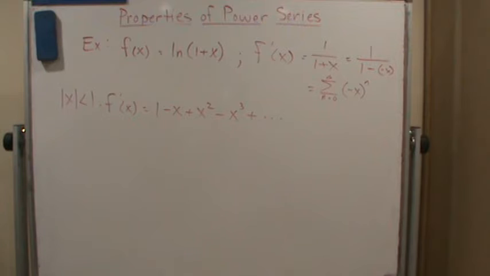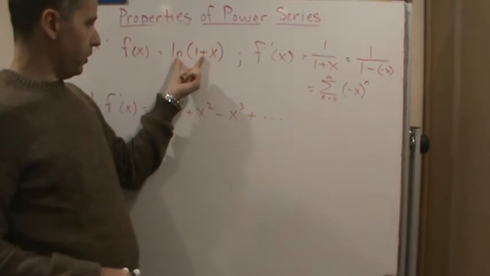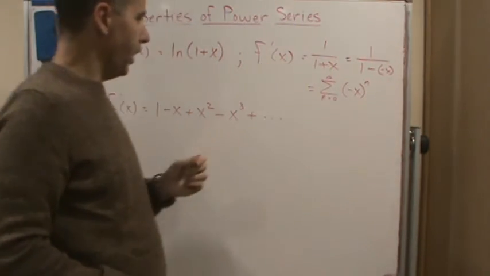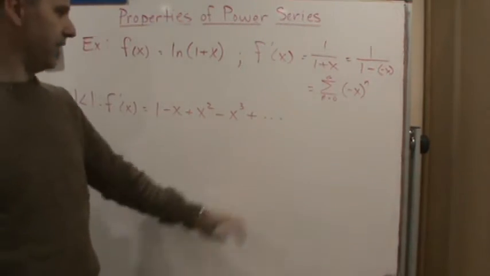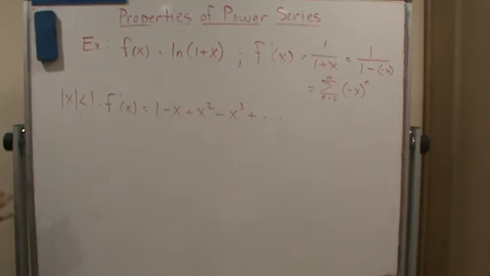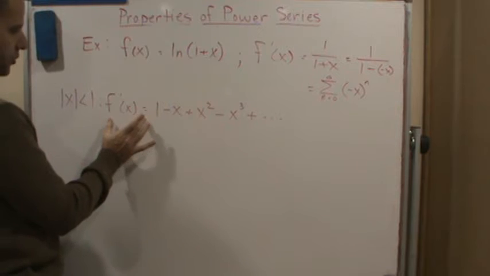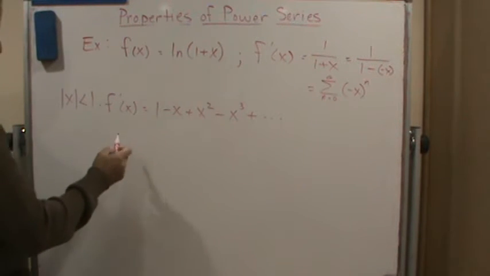So now, to find the power series of f of x, this is what we want a power series for. But we know the power series for this, and we know this is equal to this, which is equal to this. So to find f of x, we can integrate this term by term. If we do that, guess what?